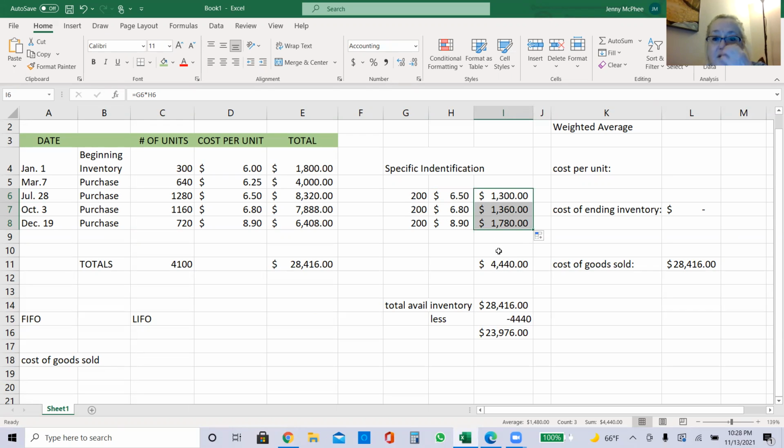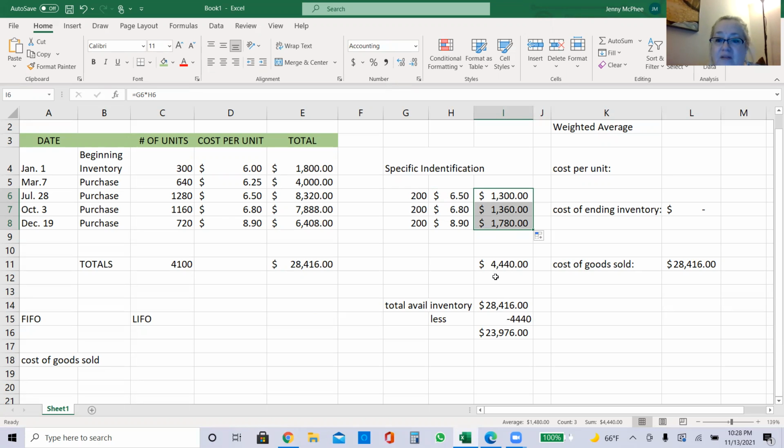So this is the total column. This right here is how much the inventory we have left is worth. I left the calculations here as well. So we have this much in inventory left over. This is what we started with. So for specific identification, we take that starting number of inventory and subtract what we have left to get our cost of goods sold. So let's go back.